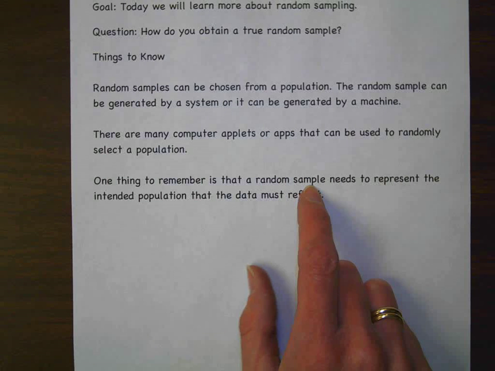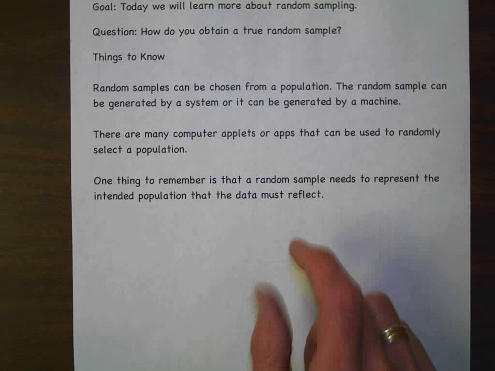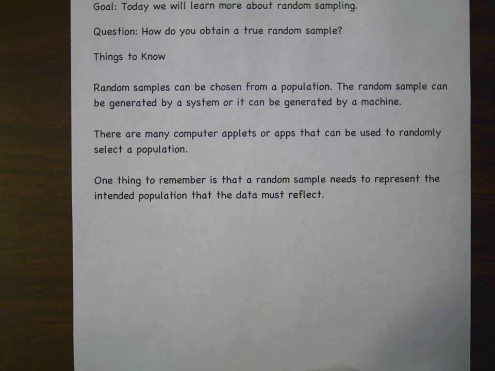The random sample, if I'm talking about all of Sanawa, has to include everyone from those different groups. So there has to be data collected from the students, from the teachers, from the administrators, and from the staff.